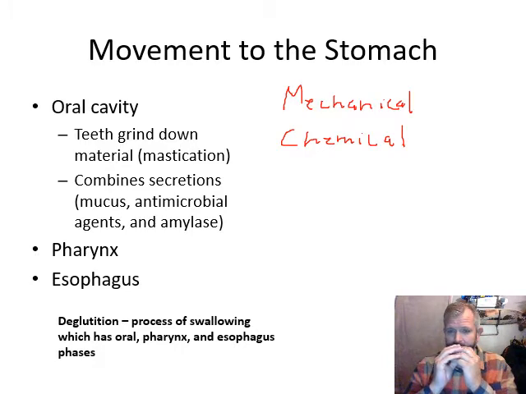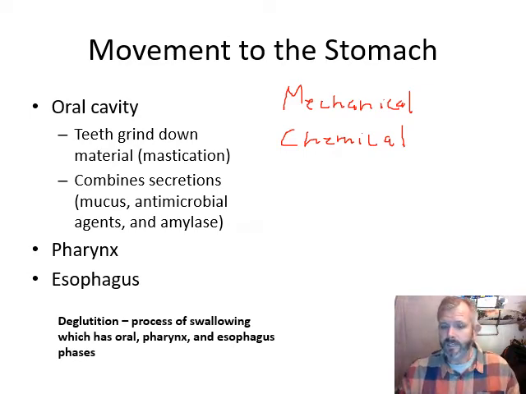When we chew it down into smaller components, that's mechanical. Chemical is where we're actually using enzymes to break the bonds in the molecules. So mechanical is breaking down the food, but to actually break down the nutrients, the carbohydrates, the proteins, the lipids, we have to do chemical. We have to use enzymes to break the bonds in those materials. So we'll be doing variations of this along the way.